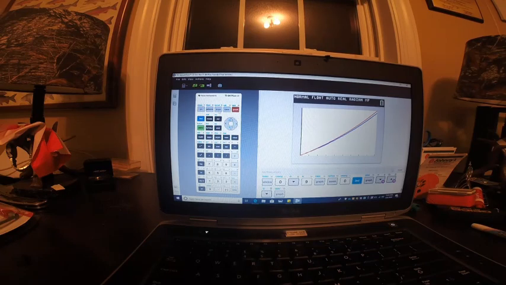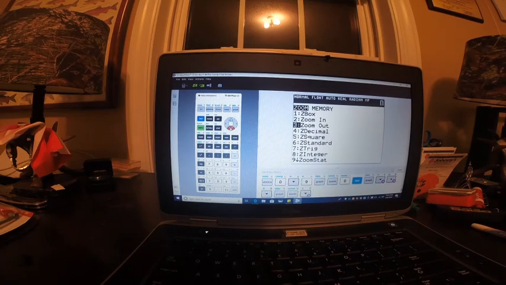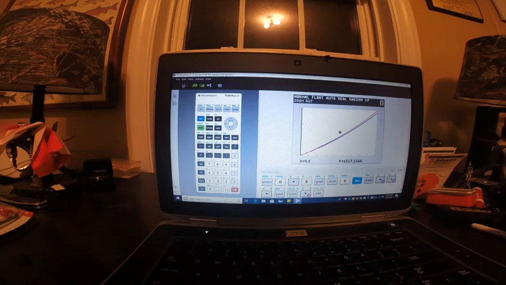And if you wanted to, you could hit the zoom out button and zoom out a while. What you'll notice is it's hard to see a little bit, because the zoom out function really doesn't do as great as you'd like.